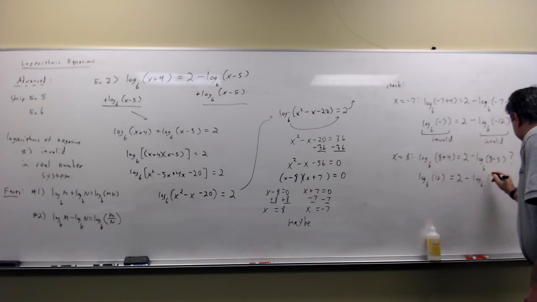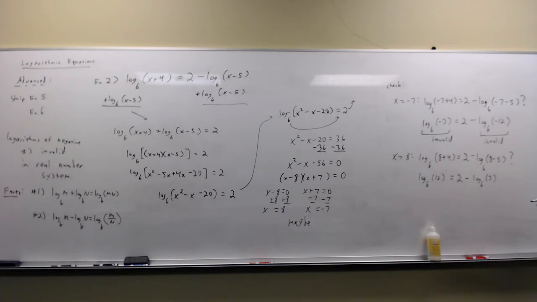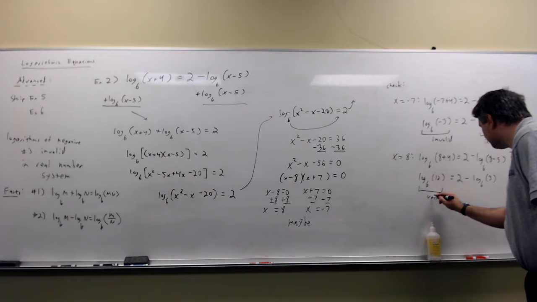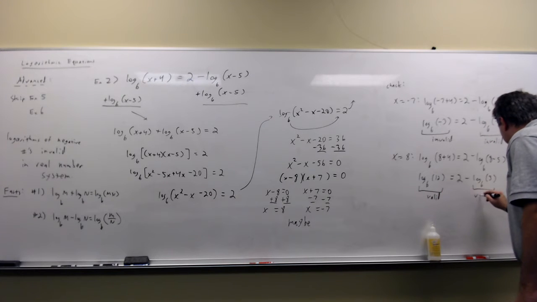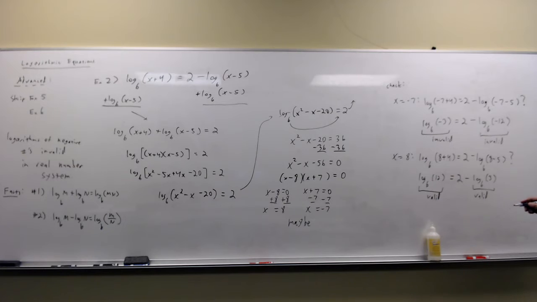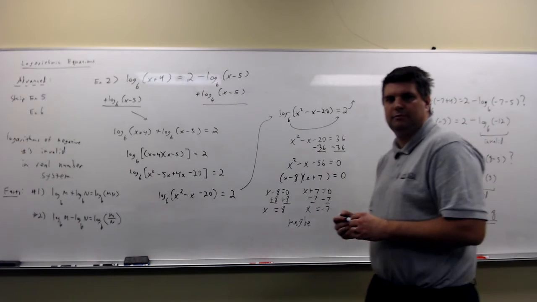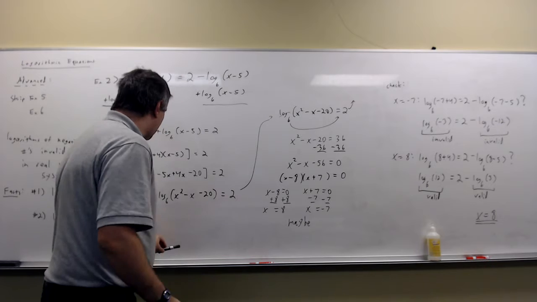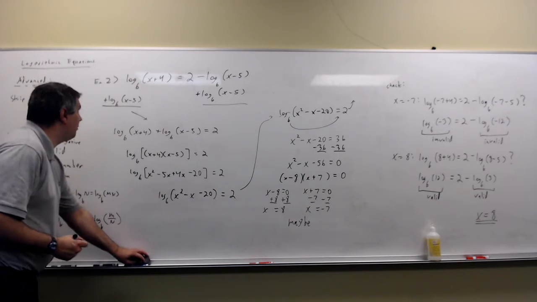This is log base 6 of 3. This is the logarithm of a positive number. It's valid in the real numbers. This also is valid in the real numbers. So x equals 8 is our only solution. Let me get all this off the board and proceed to example 3.